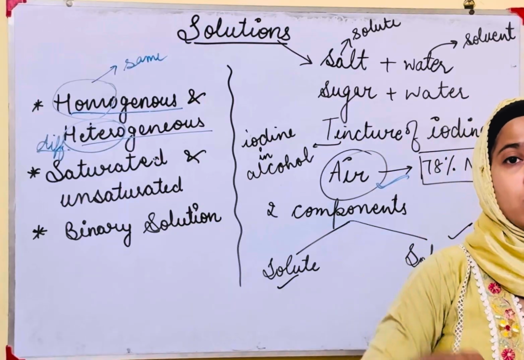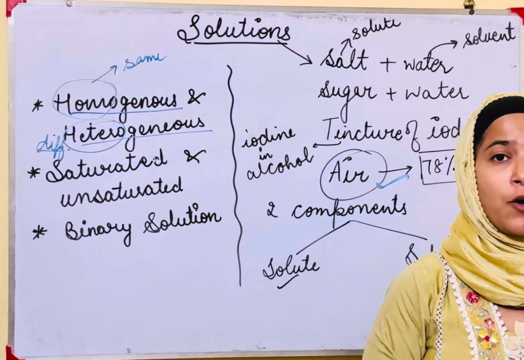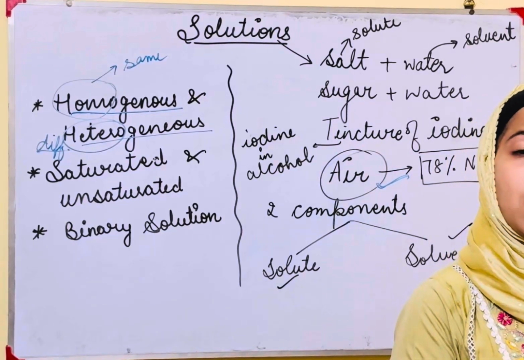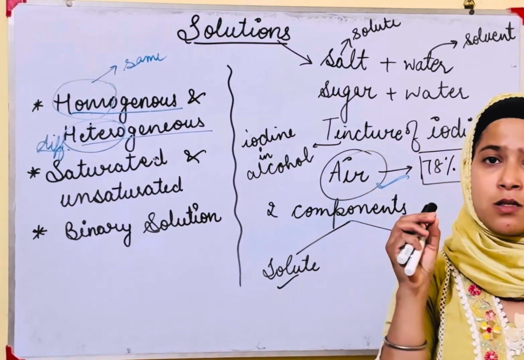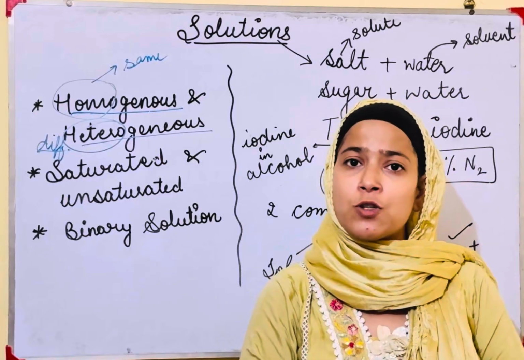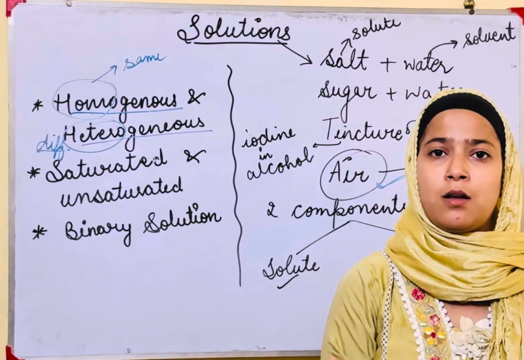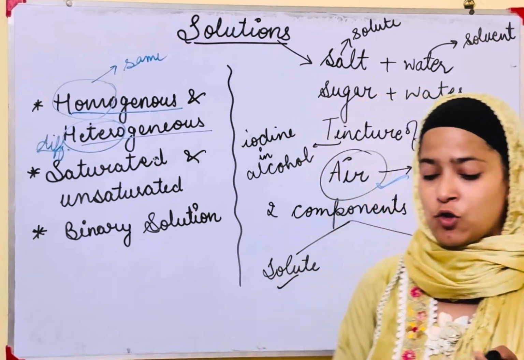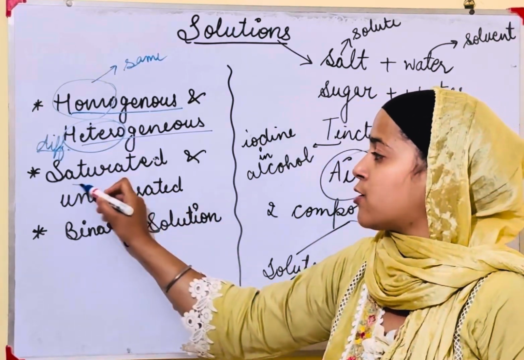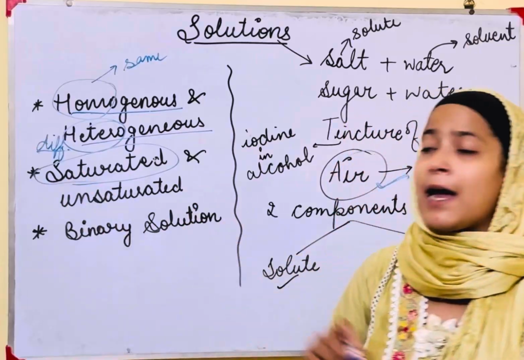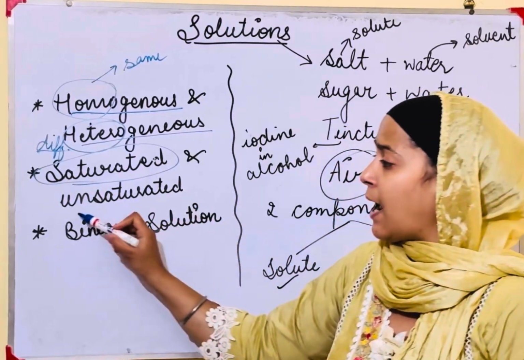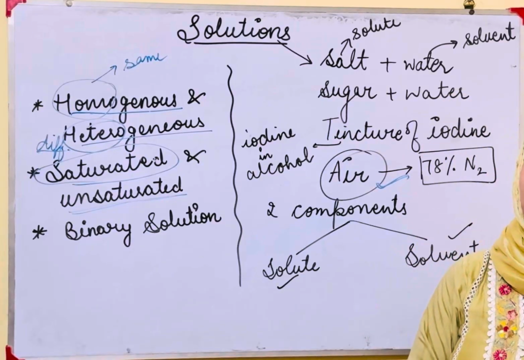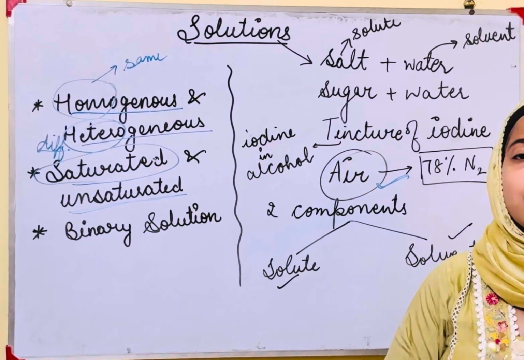If we add 2 more spoons, will it dissolve or not? The solution after adding 2 spoons becomes saturated. Means as much solute as could dissolve in it has dissolved. Further no more solute will be added. That solution is called a saturated solution. And the solution in which we can add more solute is called unsaturated.